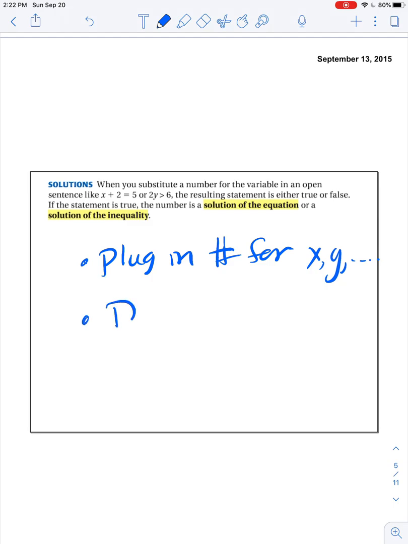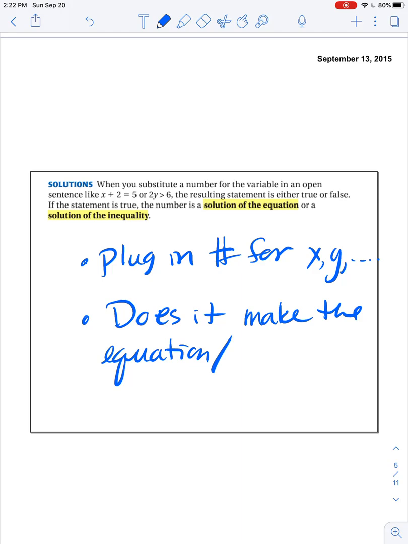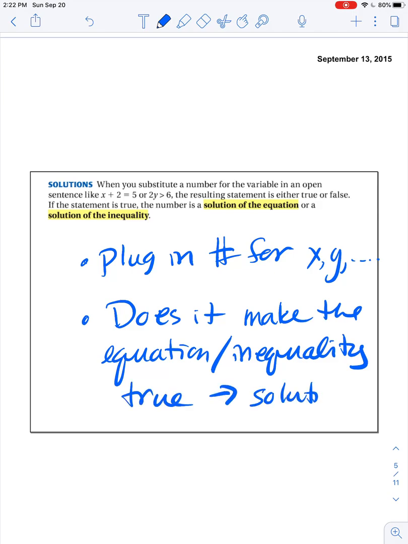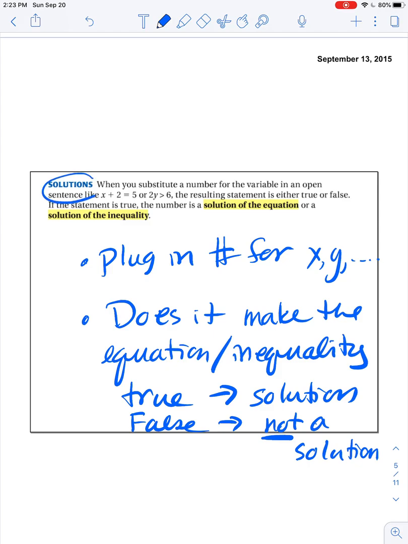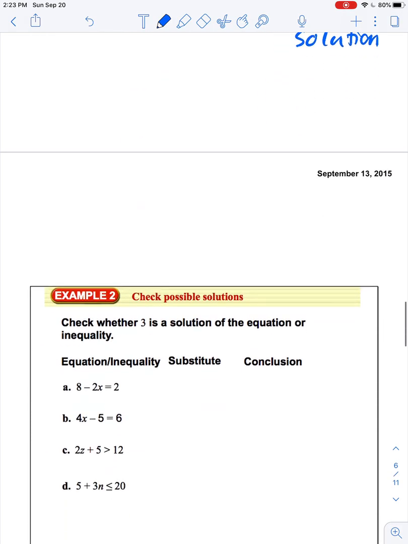And then you're going to look and you're going to say, does it make the equation, so you started with an equal sign, or it might have been an inequality, true? Then you would say it is a solution. If it makes the inequality false, then you would say it is not a solution. So you're going to plug it in and check it. That's how you're going to determine if something is a solution.